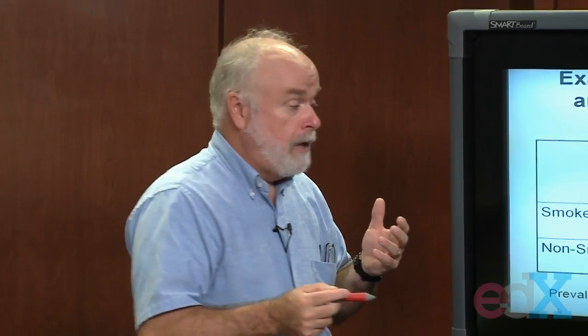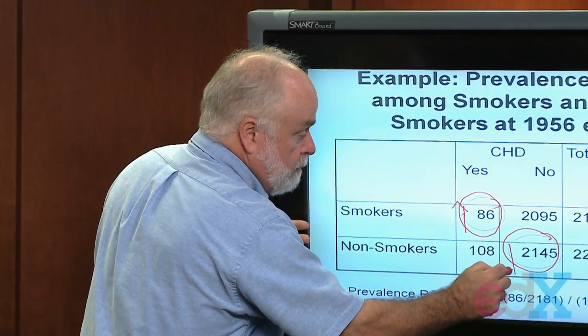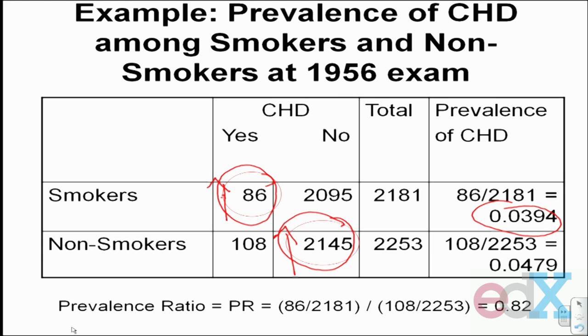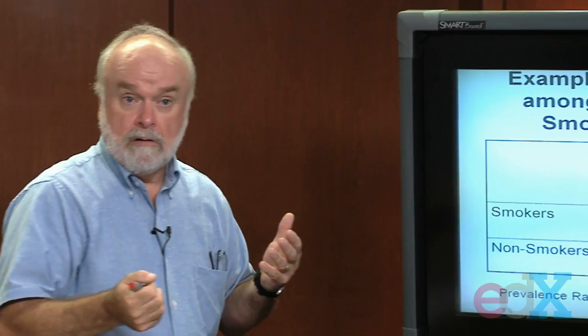On the same idea, let's suppose among the 775 people there were lots of people who were non-smokers who did not have coronary heart disease. So that number 2,145 would also get bigger if I had all 775 people who were initially in the Framingham cohort. That means if I calculate the prevalence among the non-smokers, it's going to get smaller. So maybe the reason that I'm seeing a smaller prevalence of coronary heart disease among the smokers compared to the non-smokers is due to the selection bias, the people who I have not selected for my study.